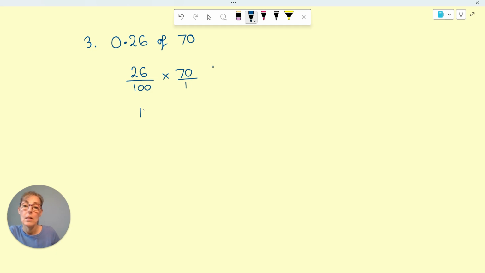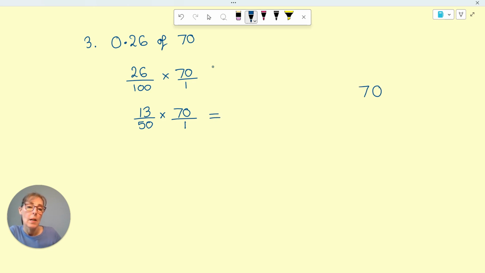I'm going to half it, so I've got 13 fiftieths. So the numbers are a little bit smaller. The problem is it's still quite big, isn't it? So I could find a quarter and then 1%. But let's do this. 13 times 70.